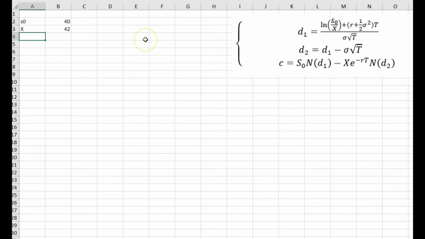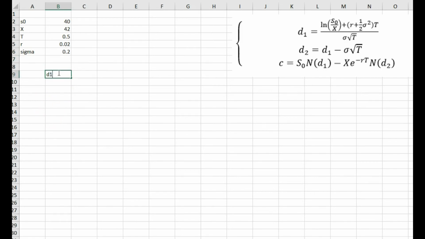That means the option is out of the money. Time to maturity is half a year, so it's 6 months. The continuous compounding rate is 2%. Finally, sigma is 20%, so it's 0.2.